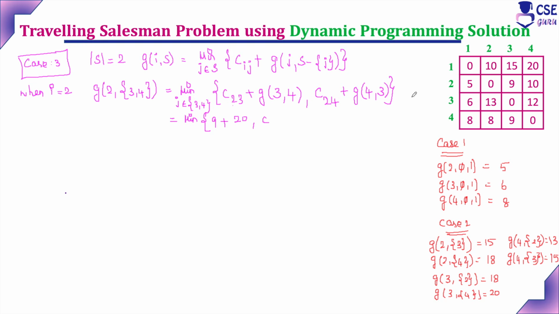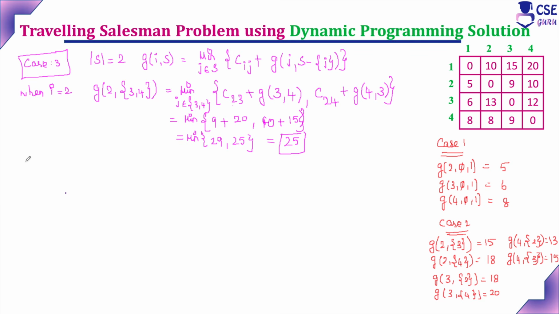What is the cost? It is 10. Plus G of 4, comma 3. 4, comma 3 cost is 15. Which one is minimum? We will take it. So here, minimum of 29, comma 25. 25 is minimum. So G of 2, comma 3, comma 4 value is 25.